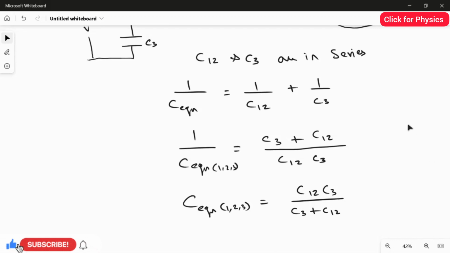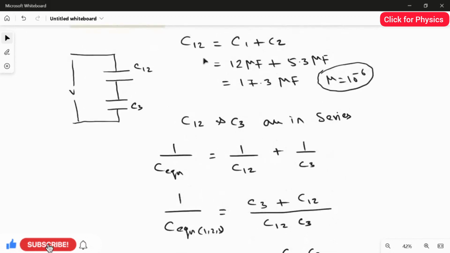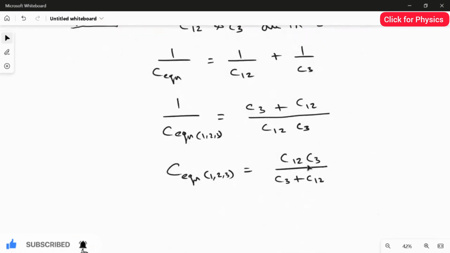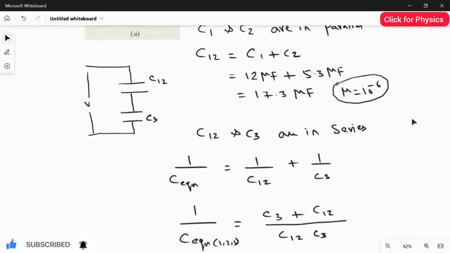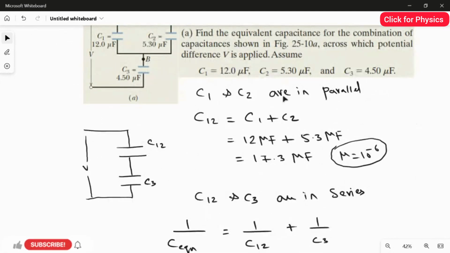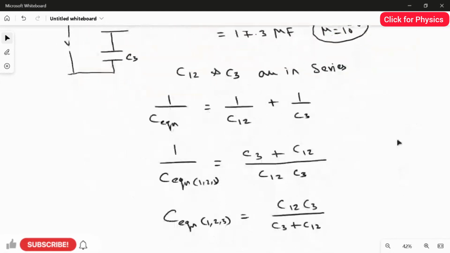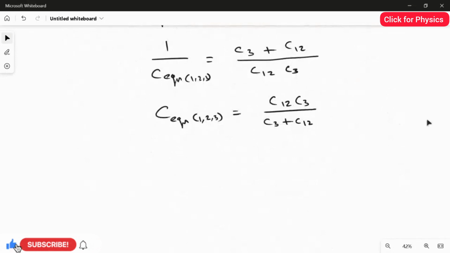Now I'm going to substitute the values. We already have the value of C12 as 17.3 microfarad, and the C3 value we already have in the circuit diagram as 4.5 microfarad. If you substitute those values here, you will get the answer for the total capacitance.